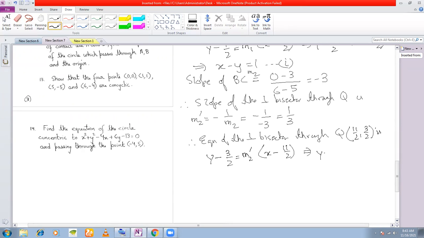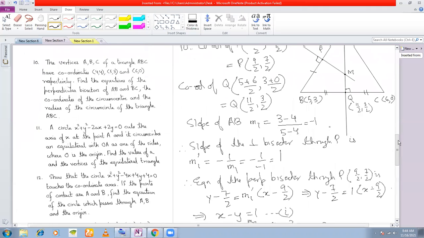That means y minus 3 by 2 is equal to 1/3 into x minus 11 by 2. Okay, and therefore if you take the LCM and take everything on one side, the equation of the perpendicular bisector will be found to be x minus 3y minus 1 is equal to 0. Okay, let us call this 2. Fine.